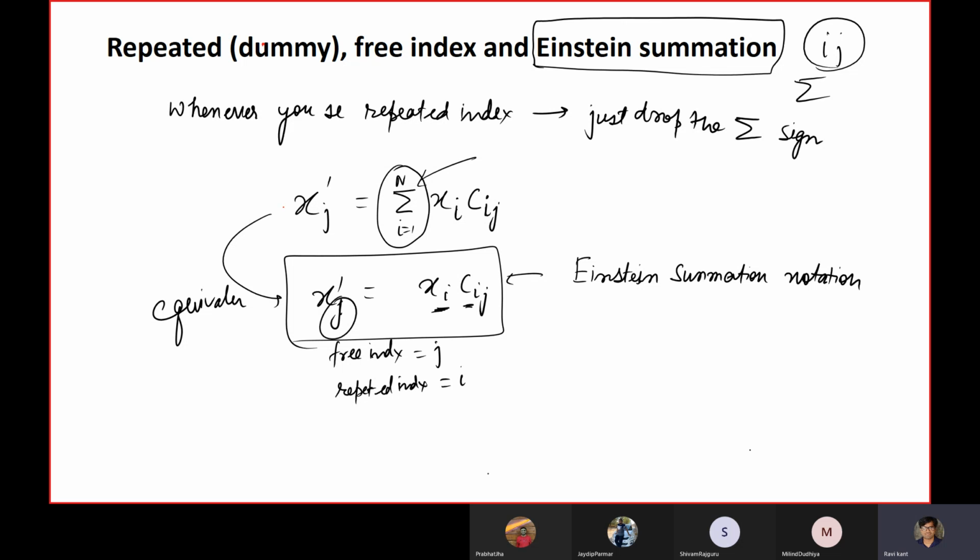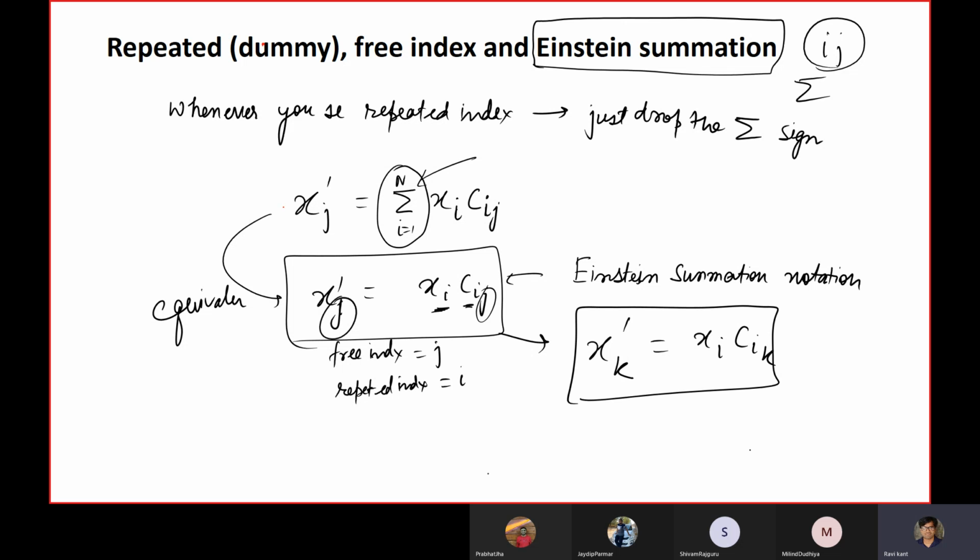Why is this a free index? This j is a free index. I can equivalently write xk dash is equal to x i c i k. There is nothing wrong with writing k, because again, where j was taking the values 1 and 2 for different equations, k also I can write similarly, k is equal to 1, k is equal to 2. I can write several equations, right? So these two things are essentially the same.